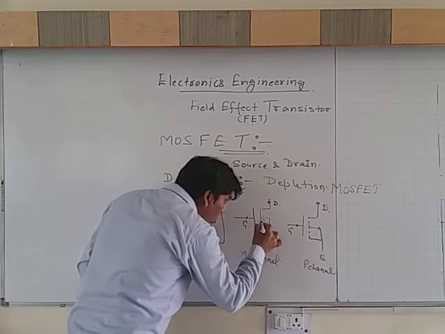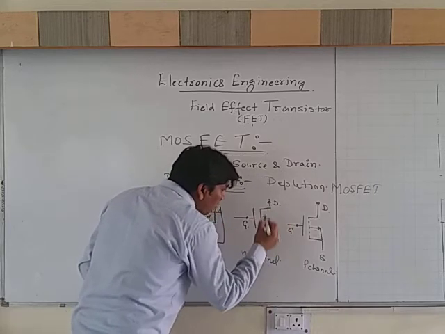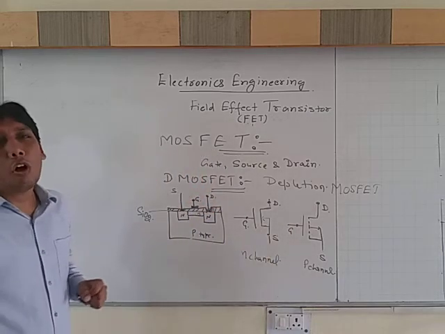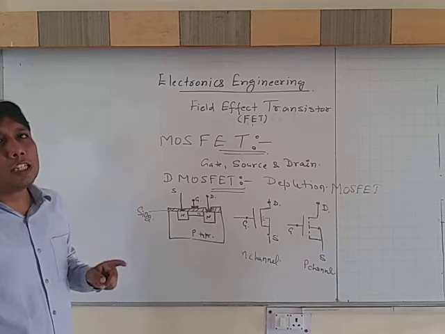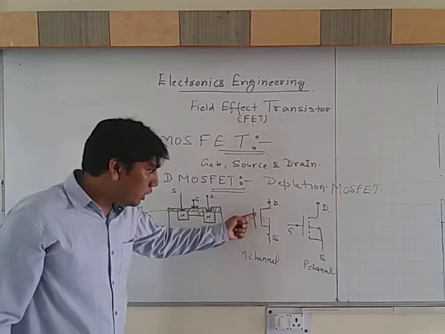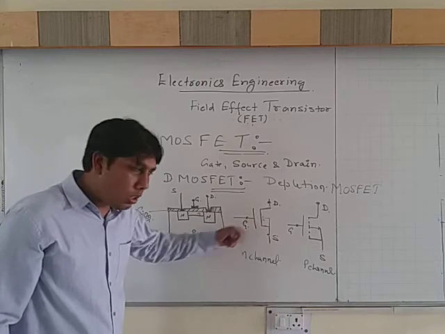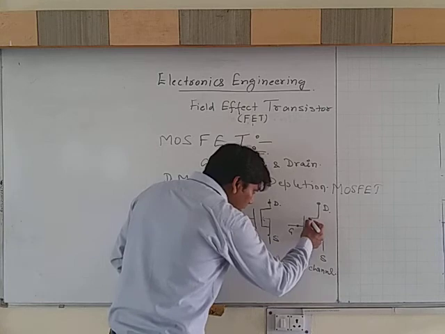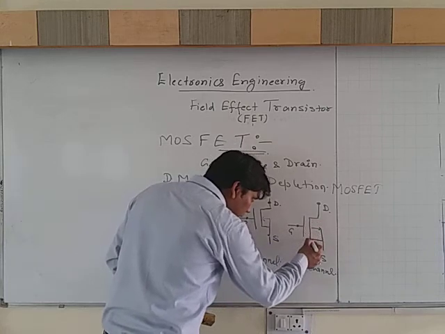The dotted part is removed from the symbol of enhancement type. Since in enhancement the channel is not present, we have shown the connection with dotted lines, while in D MOSFET we just make the complete connection.